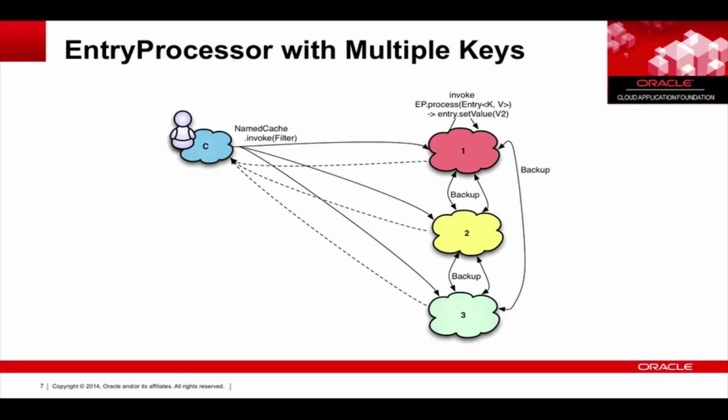It may be that you have a filter such as an always filter, which always returns true, so every entry complies, and we'll call the entry processor on all of the entries owned by that storage node. And again, if we look at the client side, we're getting all of those partial responses, but this time we have to get the response from 3 as well before we receive a complete response. And once we receive the complete response, we can return control to the client thread.